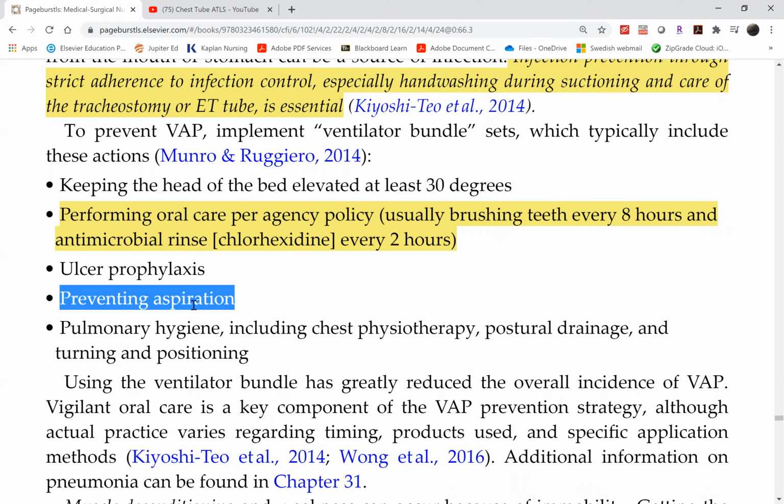So make sure you also suction that with a suction catheter. Occasionally you drop it down there, but especially before you deflate the cuff, before you extubate the patient, that subglottal area must be suctioned.